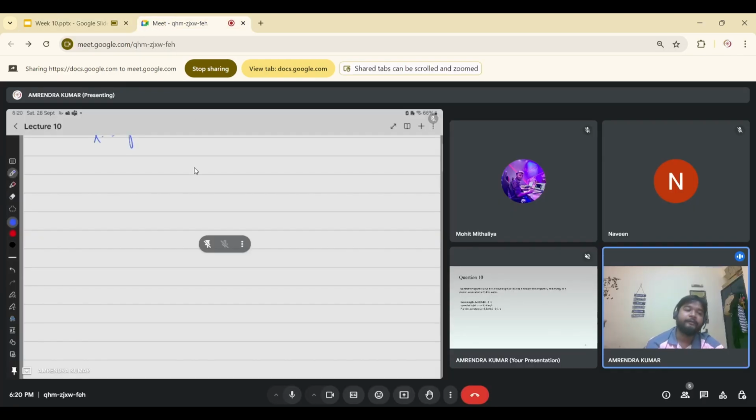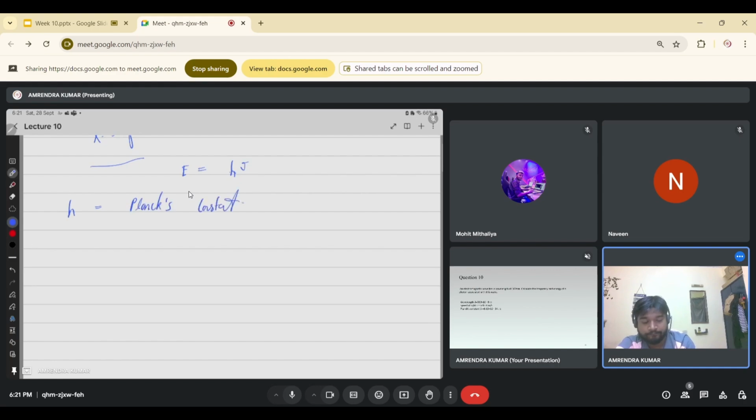Einstein said that the energy associated with an electromagnetic radiation of frequency nu is h nu, where h is Planck's constant, and Einstein is talking about the energy measurement.